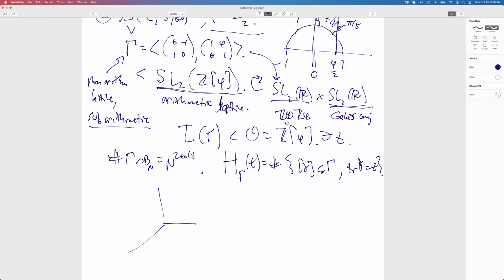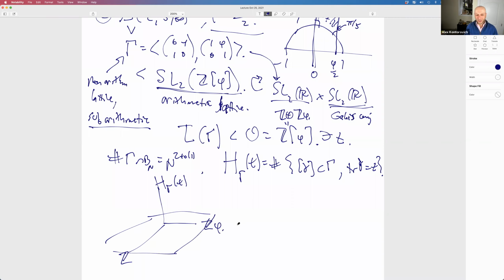Yeah. Thank you. And so if we plot the Z part in this direction and the Z phi part in this direction, we can ask, what is H gamma of a given T? So T is happening in this plane. And then what is the graph of what we're seeing? So what might you expect?